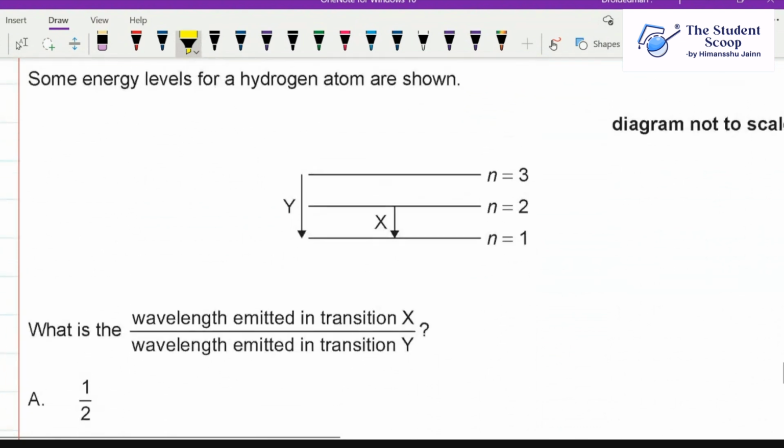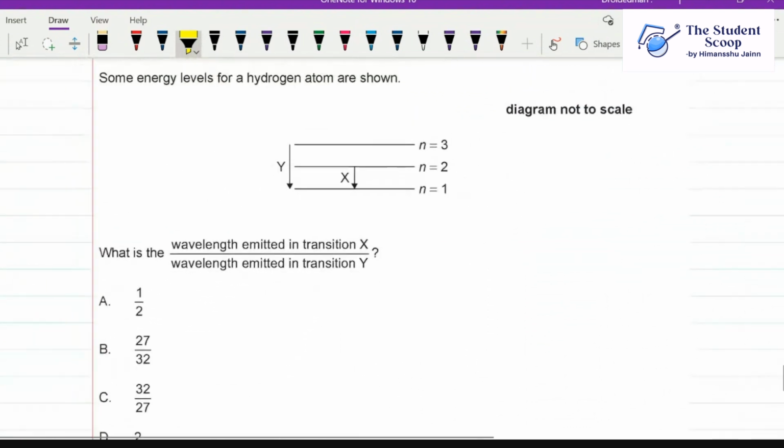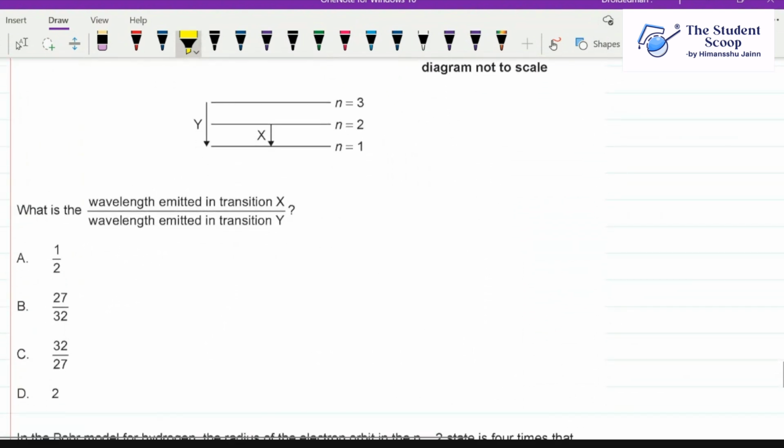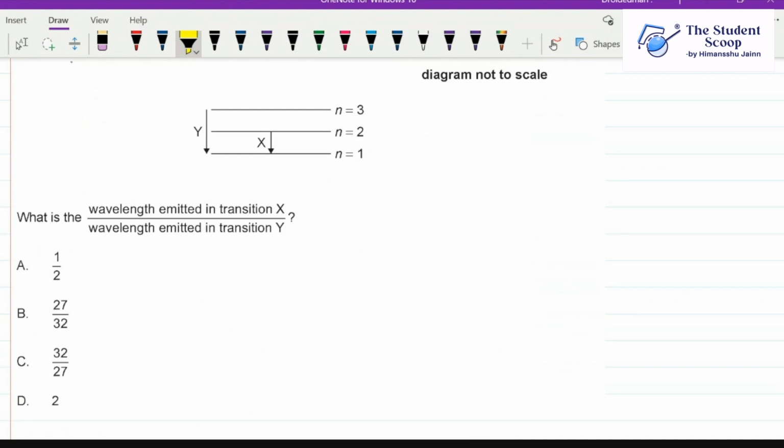Now let's see how we can use this to find the solution to this question. There is a wavelength emitted in transition X, and there is a wavelength emitted in transition Y. They are asking for the ratio.